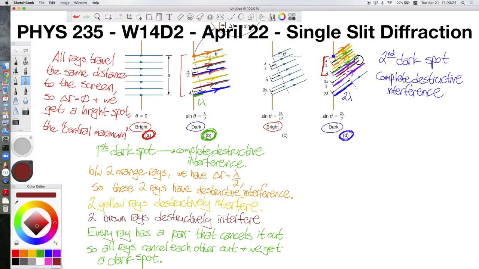And then this ray in brown will cancel out with this ray in brown. And this ray in pink will cancel out with this ray in pink. So again, every ray has a pair that cancels it out, and we get a dark spot.